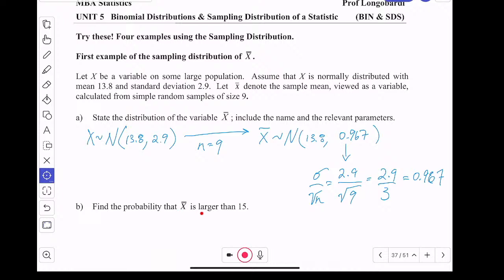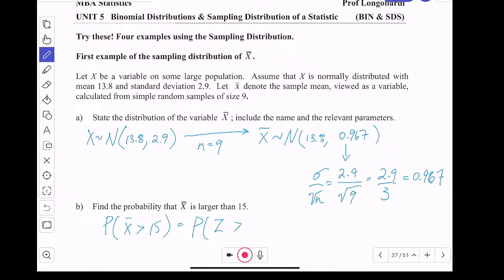Find the probability that X bar is larger than 15. So find the probability that X bar is greater than 15 means that, because X bar is normally distributed, I can just standardize that.